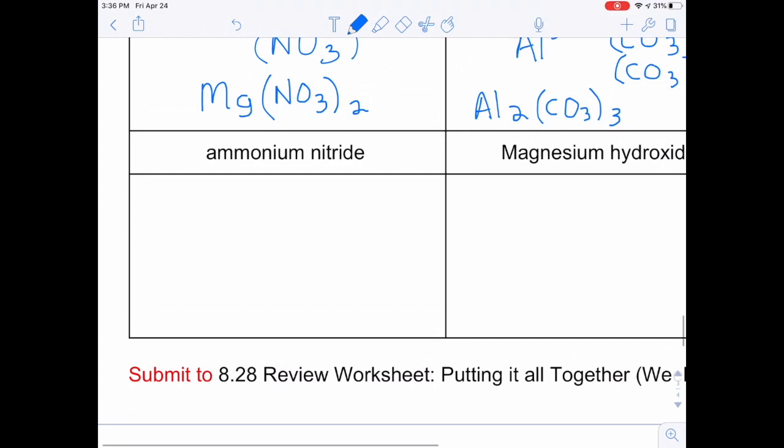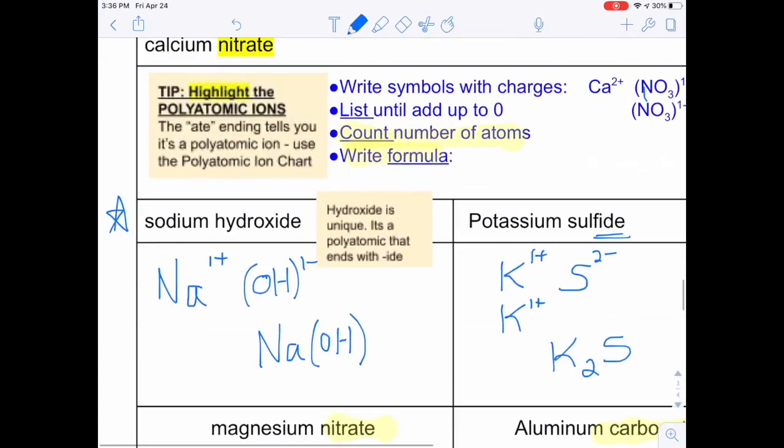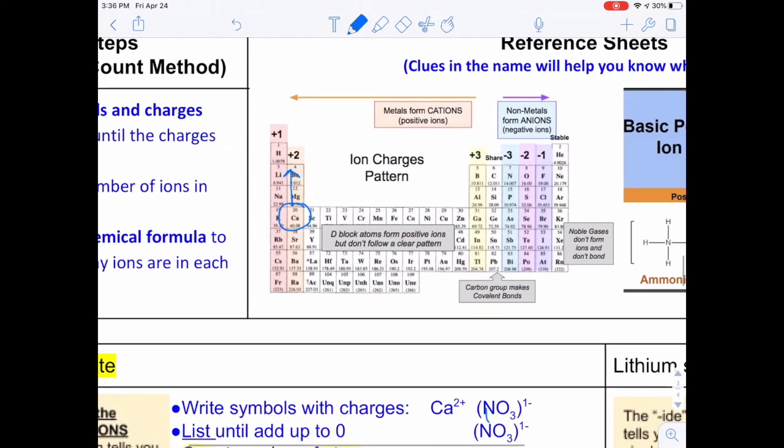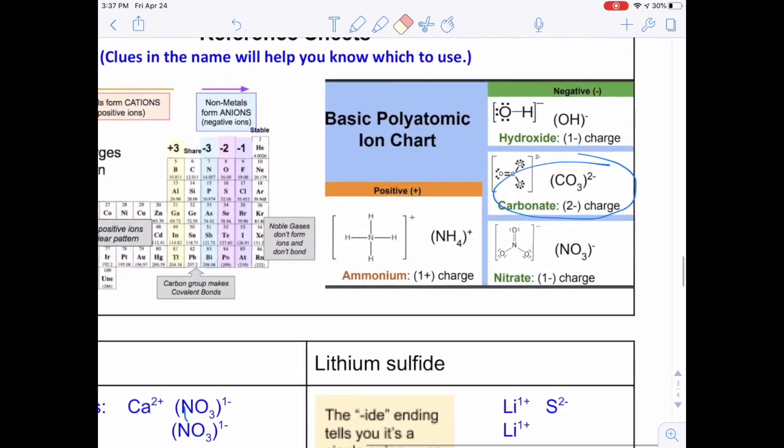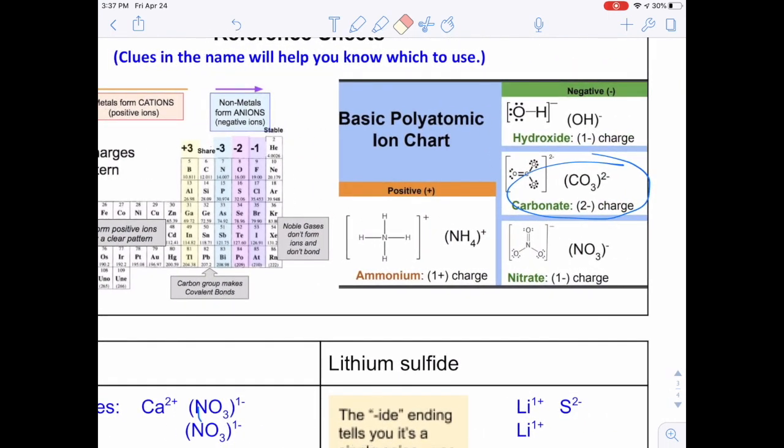Ammonium nitride. So this time the nitride, the "ide" ending, means it's from the periodic table, but ammonium is a good one to memorize because it sounds like an element, but you'll look and look all day long and you won't find ammonium here because it's our only polyatomic positive ion. So it's the only positive one that's polyatomic.